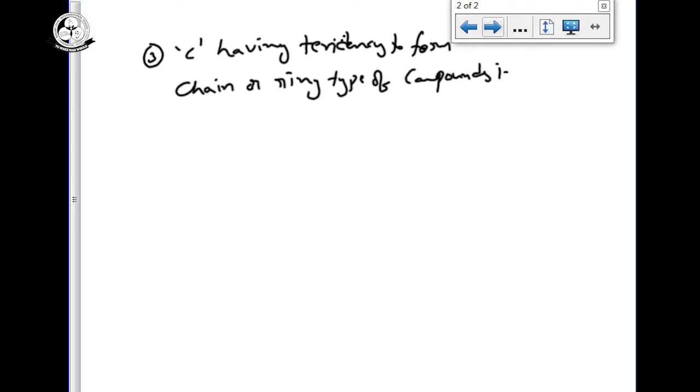It can form covalent bonds in chain form, and it can form the ring type also, but the remaining elements cannot form ring type compounds, only chains, except silicon. In silicates it can form ring type structures, but the rest of the elements cannot show this type of property.